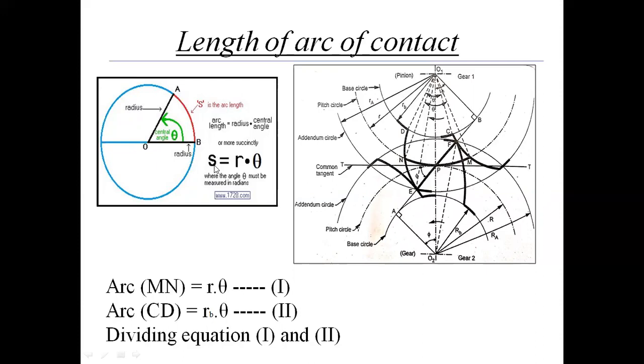That is the formula S = R θ, where R is the radius of the circle and theta is the angle turned by that radius, the angle turned from point A to B. So to find the value of S, it is nothing but R into theta.